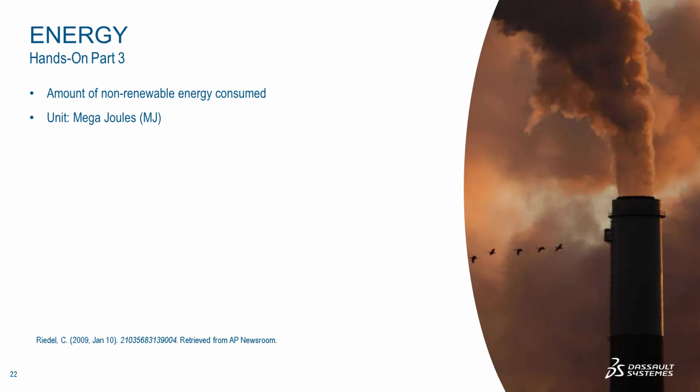So the next environmental damage category or environmental impact is consumption of non-renewable energy. And the units for that are megajoules. And so we understand that consuming non-renewable energy has an environmental impact in and of itself, but also if we consume non-renewable energy for one product, then we diminish the pool of non-renewable energy available for any other product.